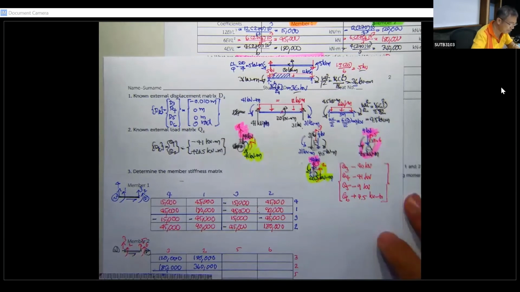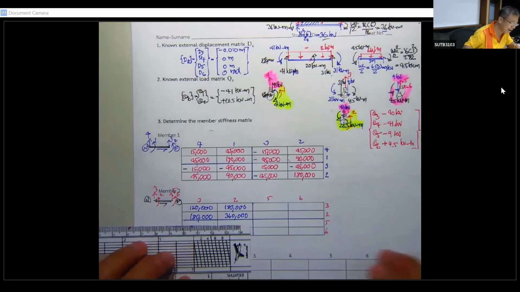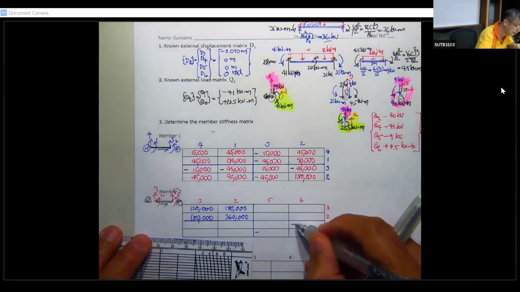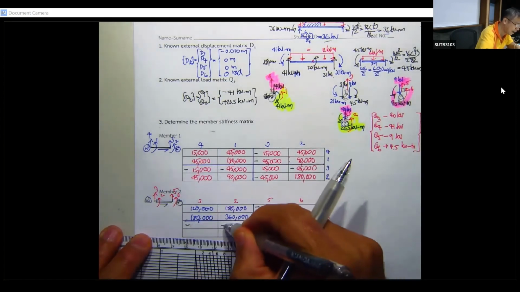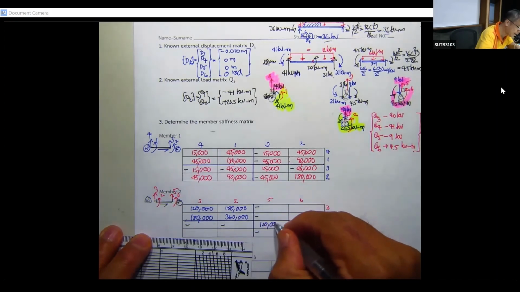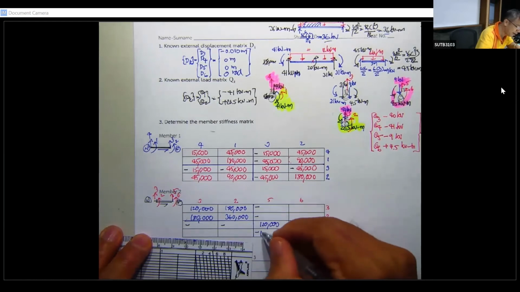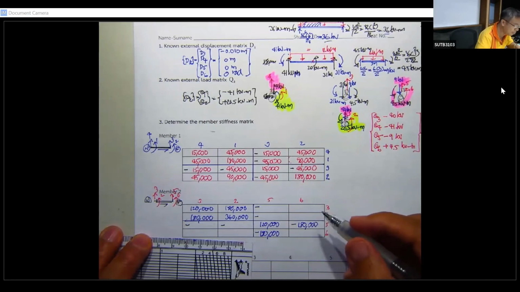And then if you have this, you may move this one out. Okay, and don't forget what we have before: minus, and then minus. Make a copy of everything. 120,000, 180,000, 180,000.